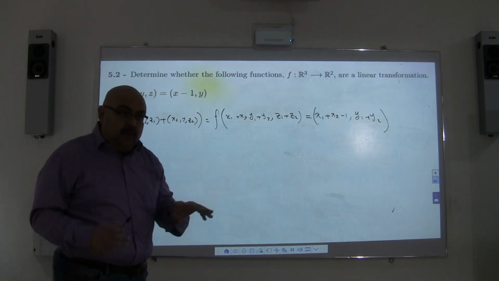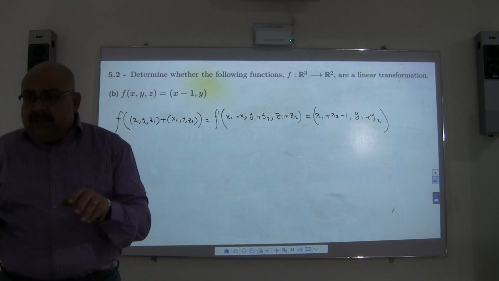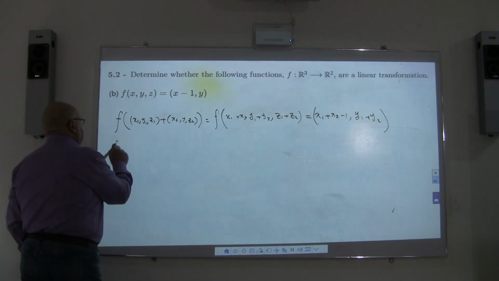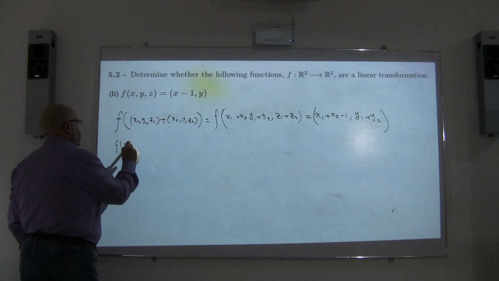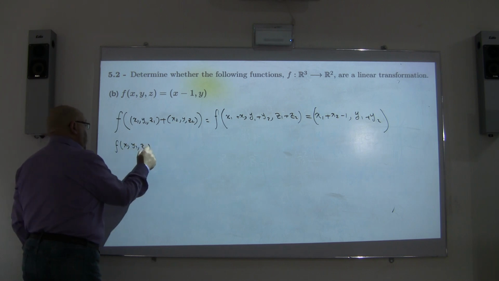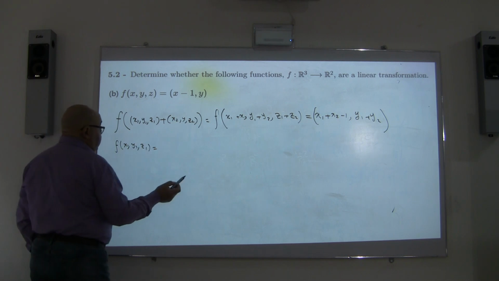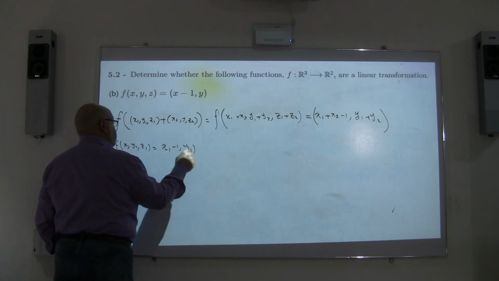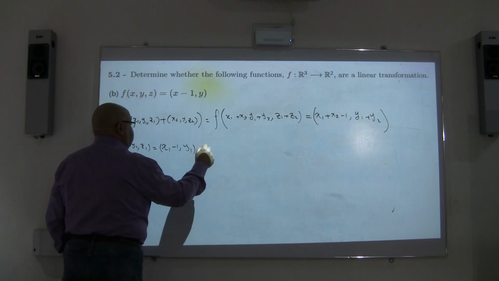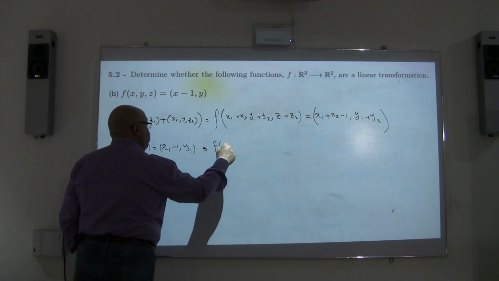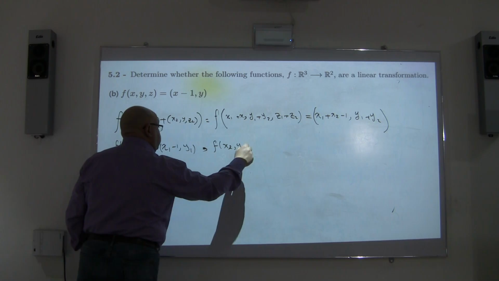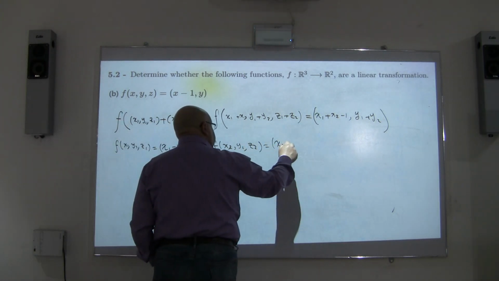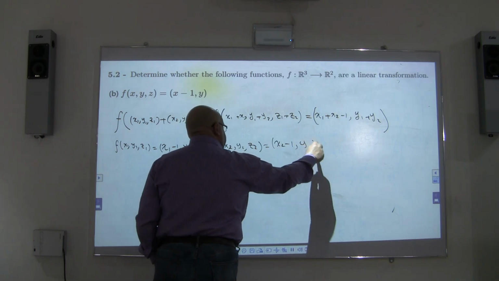Now, using the linear transform on the addition, I will do it separately. I will get f of x1, y1, z1 separately, which is going to be the first component minus 1 and the second component. I will do exactly the same with x2, y2, z2, which leads to x2 minus 1 and y2.